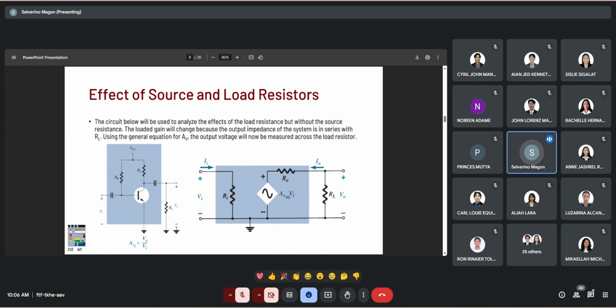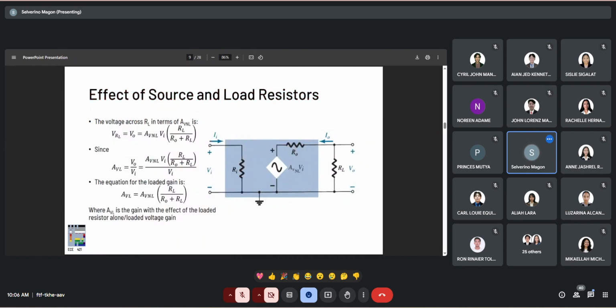The circuit below will be used to analyze the effects of the load resistance but without the source resistance. So we can perform separate analysis for such cases. The unloaded gain will change because the output impedance of the system is in series with RL. Using the general equation for AV, the output voltage will now be measured across the load resistor.